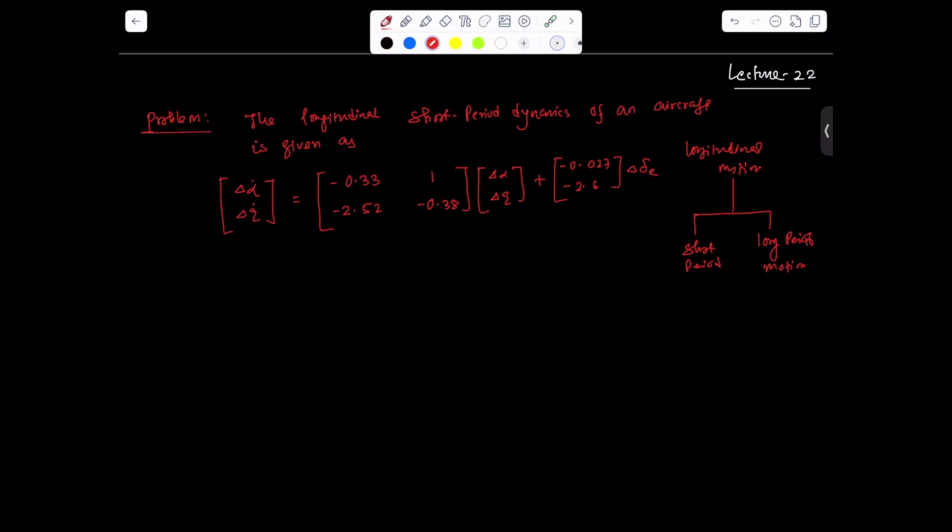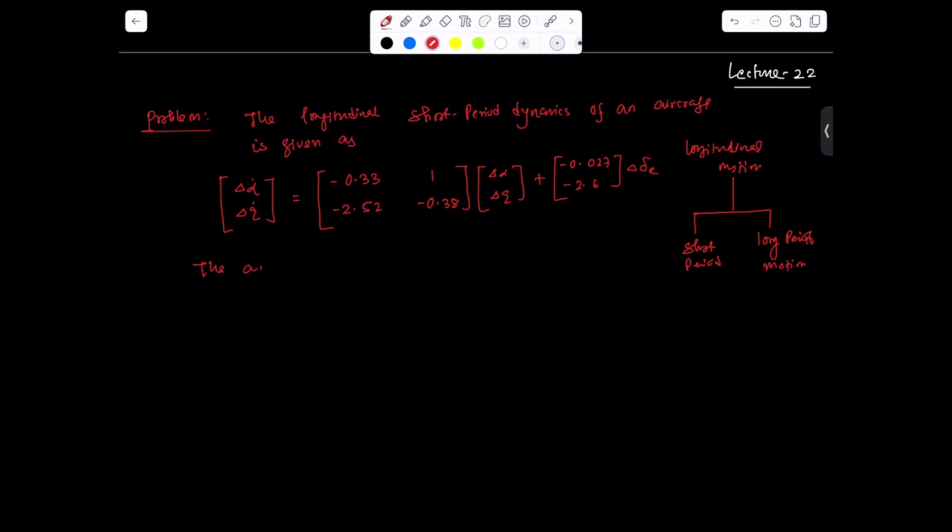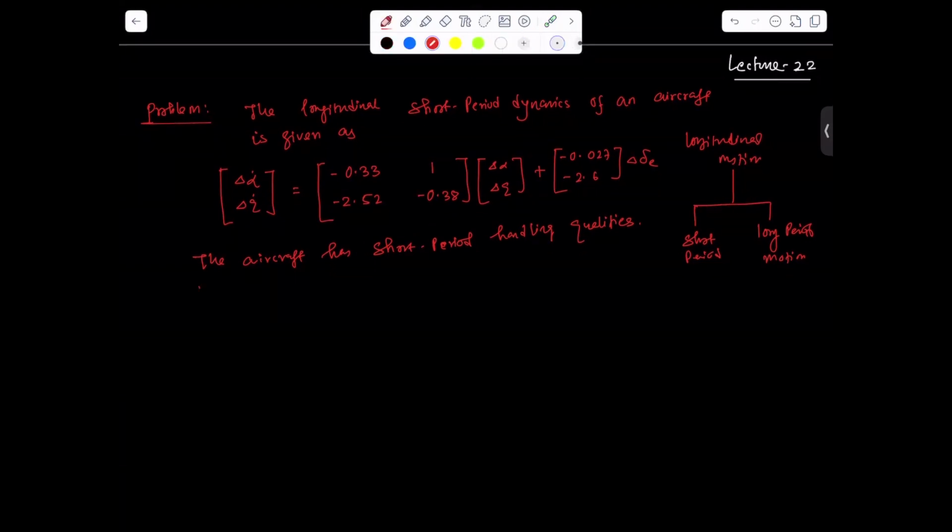And the question here is: the aircraft has short period handling qualities, since based on the eigenvalues of the system, we can define this as basically short period motion dynamics. Design a stability augmentation system such that the system follows the desired dynamics, short period eigenvalues of minus 2.1 plus minus 2.14i.